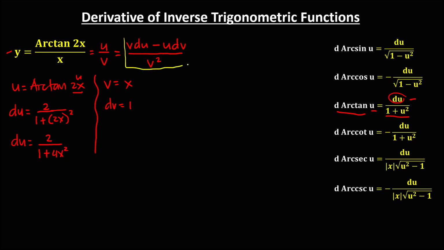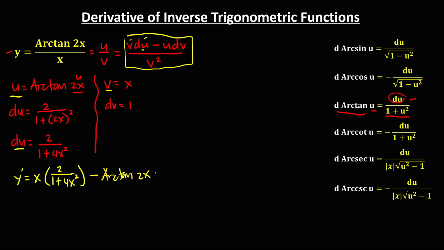Using this formula, y prime equals v, which is x, times du, and du is 2 over 1 plus 4x squared, then minus u dv, and u is arctan 2x, times the derivative of v, that's 1, all over v squared, or x squared.